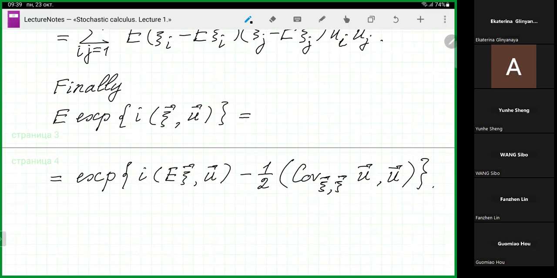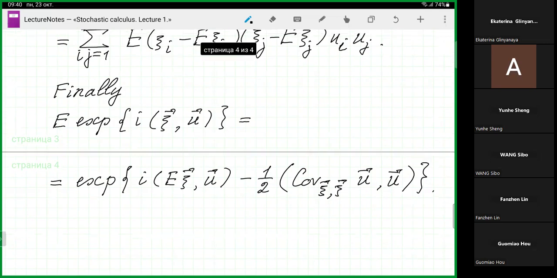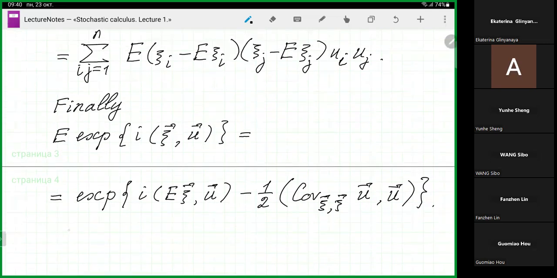Suppose that we have uncorrelated coordinates of our random vector. Let us see what happens in this case with the characteristic function. So let us consider the corollary.